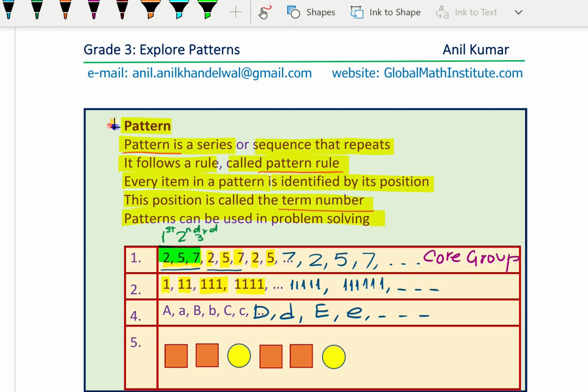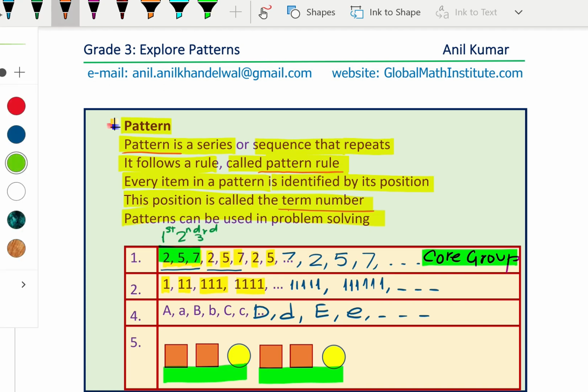Then we have some figures. So now this time we are talking about two orange squares followed by a circle, two orange squares followed by a circle. Well, in this particular case, we definitely repeat the whole group. So this is kind of same as the first. However, we have pictures here to repeat. So that group repeats, and therefore we know that the next pattern to follow should be a square.